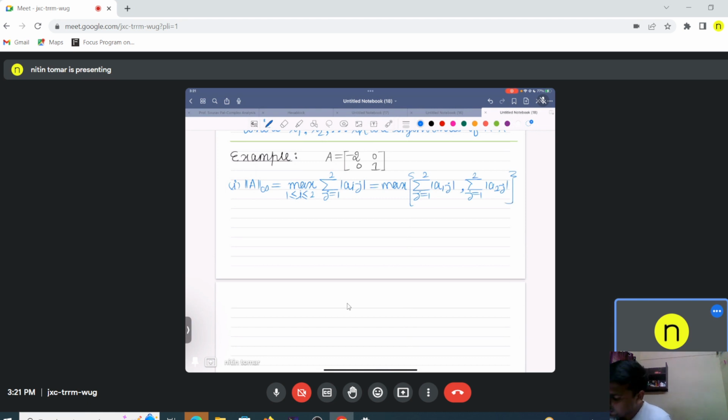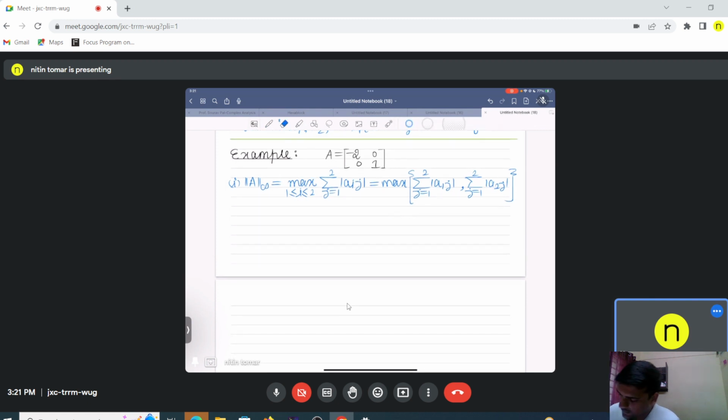Now tell me what is this sum, the summation of mod a_1j, j going from 1 to 2. It is nothing but mod a_11 plus mod a_12, which is minus 2 plus mod of 0, which is 2, right?